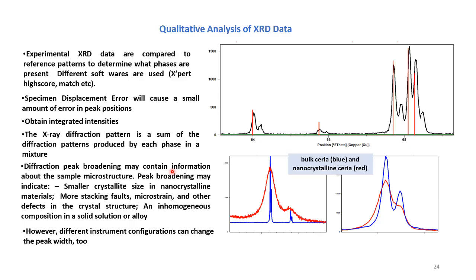So here is a qualitative analysis of the XRD data. You see there are some peaks at 2 theta positions of 64, 66 and 68 degrees. The bulk material is the blue one here, and the nanocrystalline material is the red one. In the case of nanocrystalline material, we generally get a broad peak.